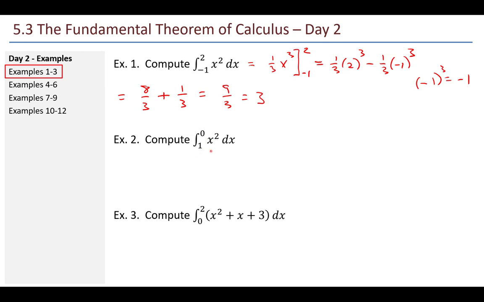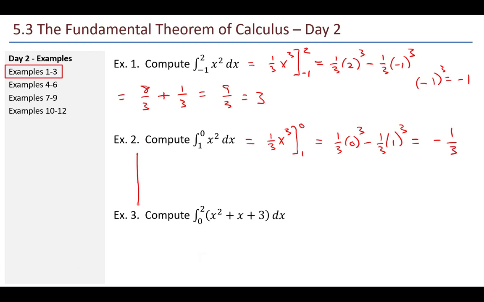How about this? Compute the integral from 1 to 0 of x squared dx. So this equals 1/3 x cubed. Integrate 1 and 0. So I plug in the top number first. So this is 1/3 of 0 cubed minus 1/3 of 1 cubed, which is -1/3. So my answer is negative.